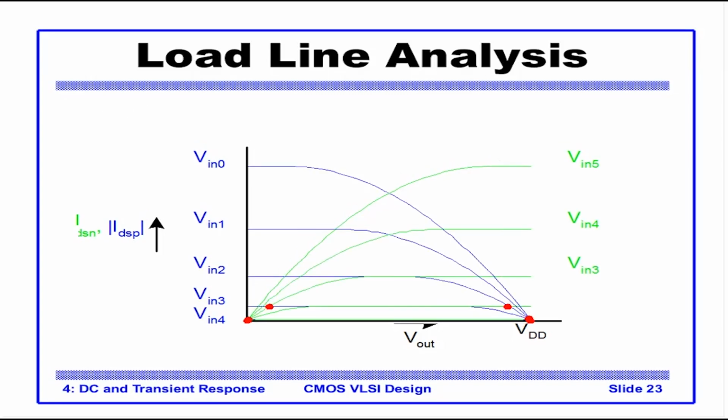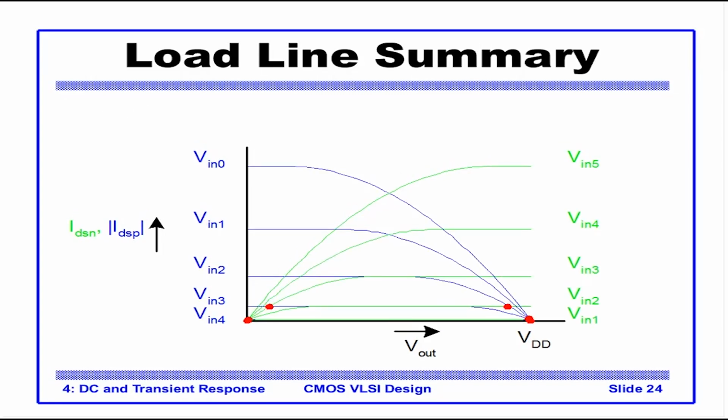Now this is again the same graph, the load line summary. At any point of V in, either you could use the equation or you could use the graph. The equation is for more accurate analysis if you want to know the current value at each and every point. The graph is more intuitive for understanding what happens during the switching of the inverter.